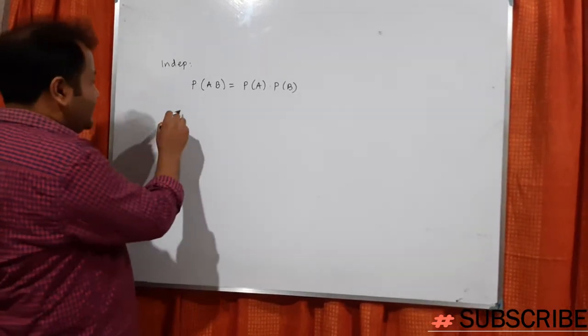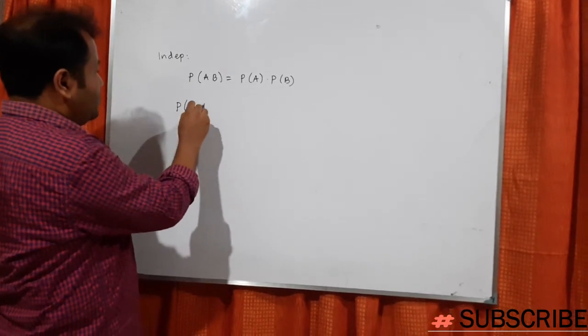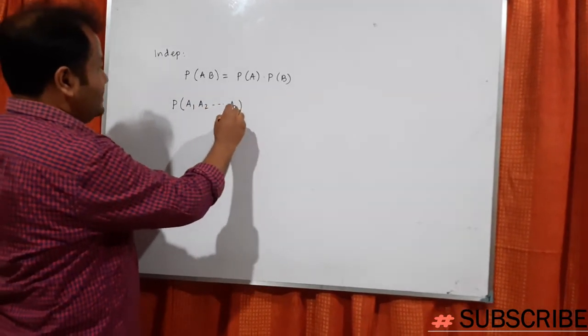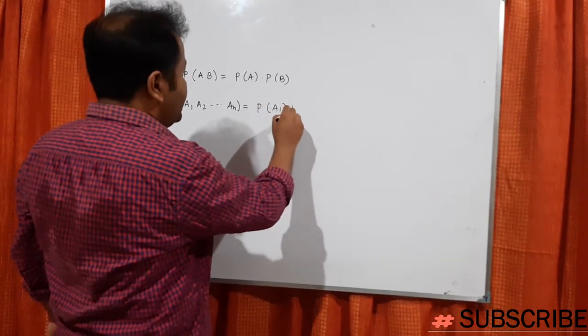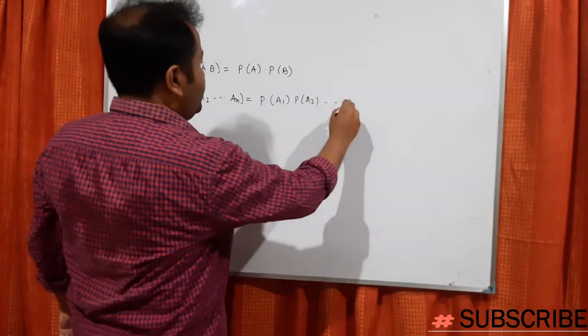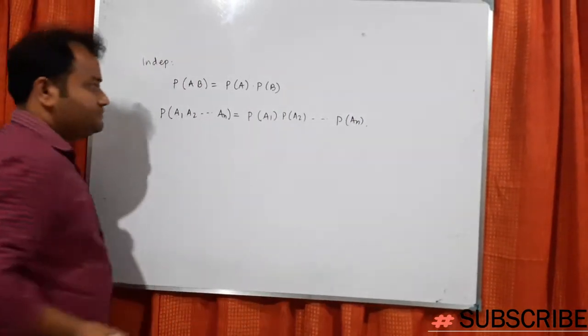The same thing you can generalize for A1, A2, up to AN, then they will be independent if it can be written as P of A1, P of A2, up to P of AN.